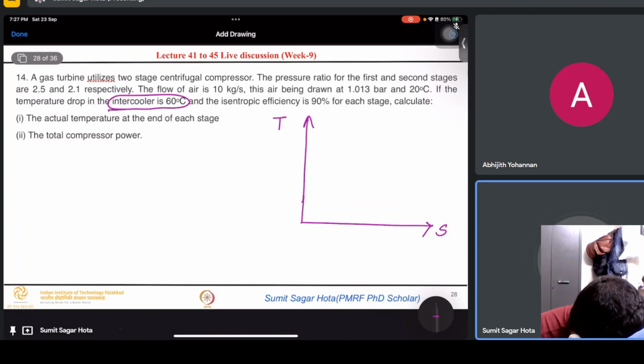What does it mean? Instead of four pressures, there will be three pressures involved, and one pressure will be common. That is how you attend a staging question: first stage, second stage, like that.